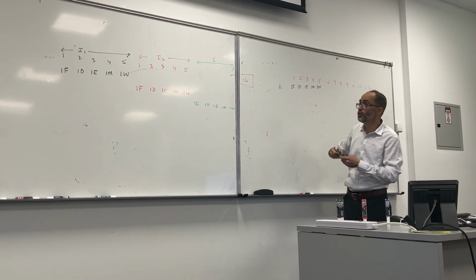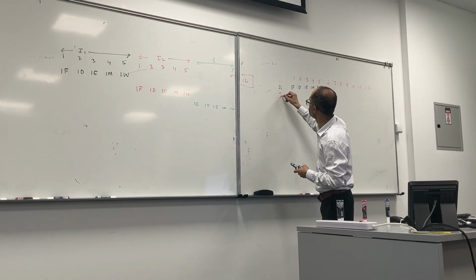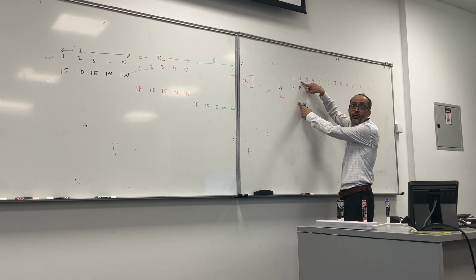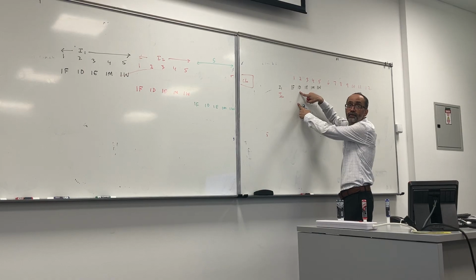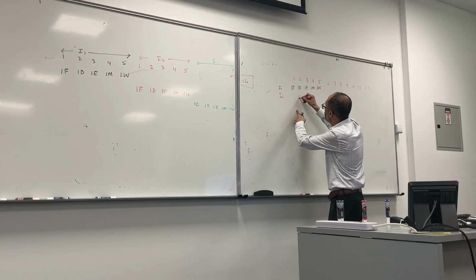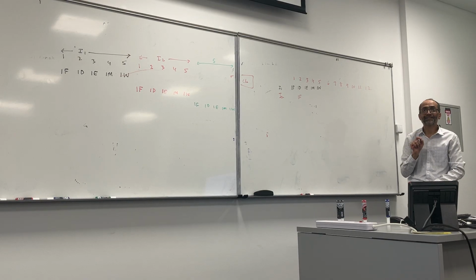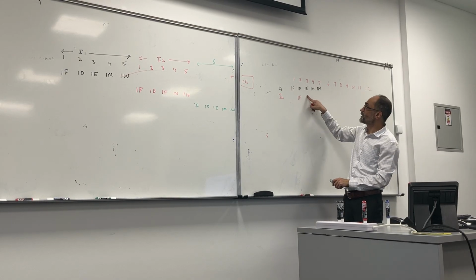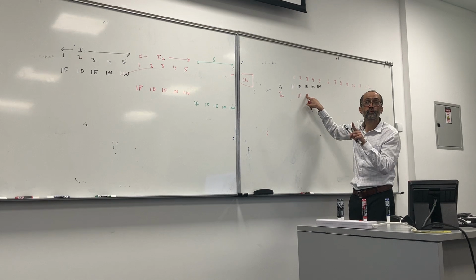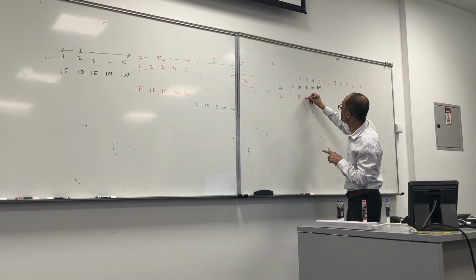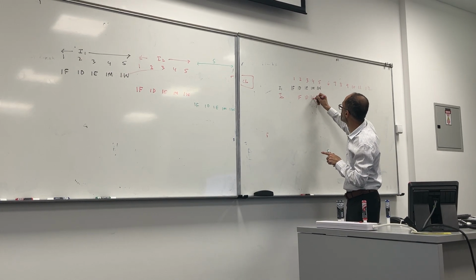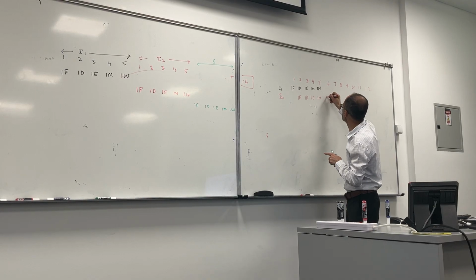In clock cycle 2, can you see? In clock cycle 2, which instruction can we fetch? We can fetch the second instruction. And then in clock cycle 3, what can we do? We can decode it. Then instruction execution, instruction memory, and instruction write back.